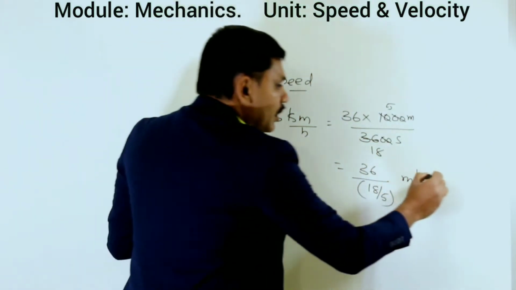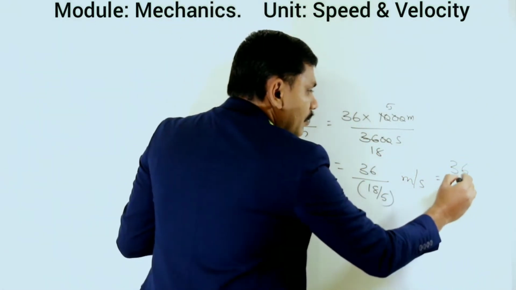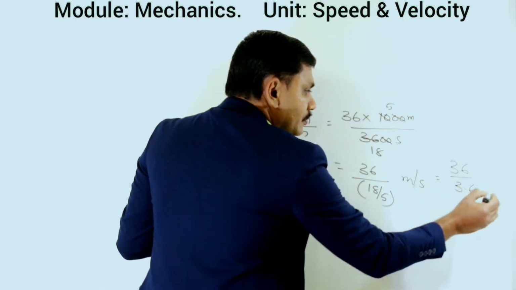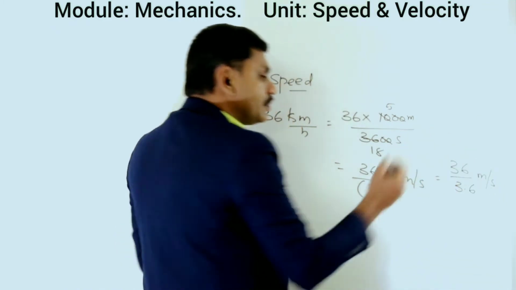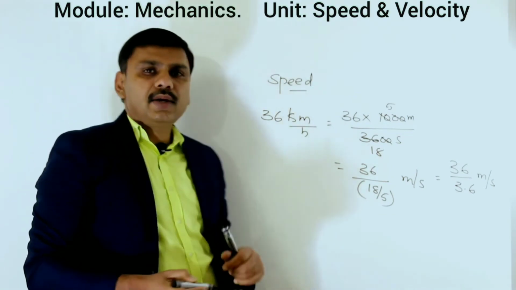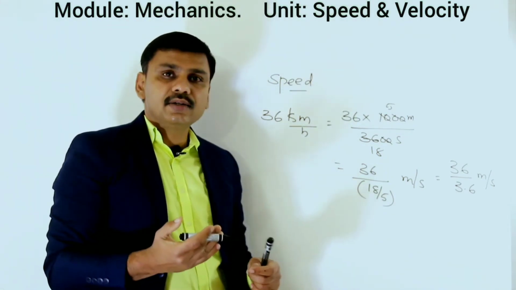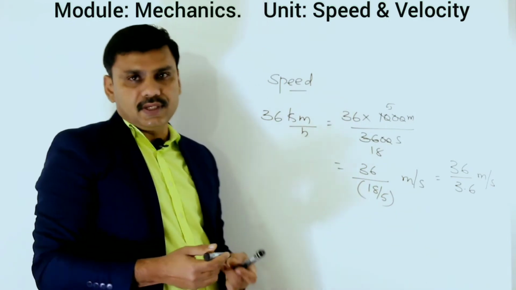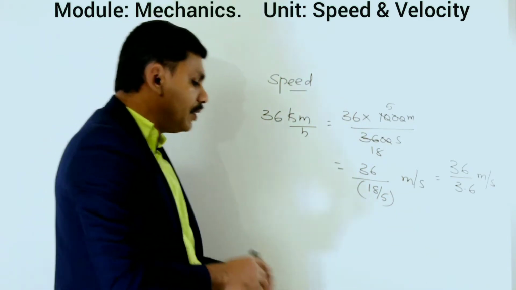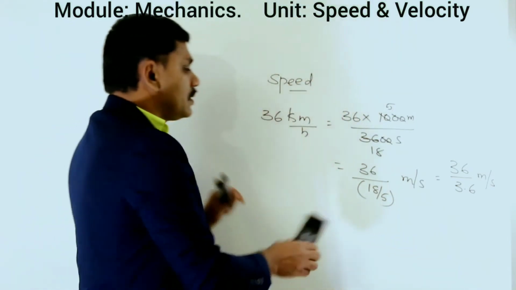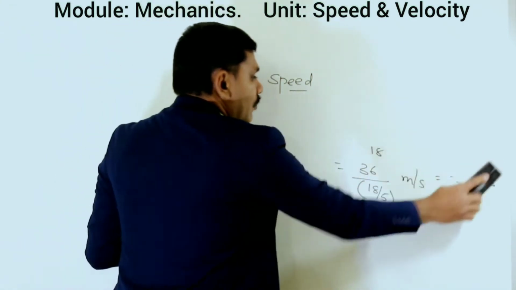So you can simply write 36 divided by 3.6 meter per second. To convert kilometer per hour to meter per second, you just divide the number by 3.6. That is the way of conversion.